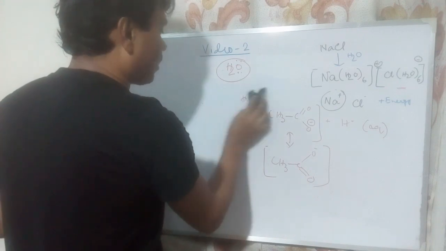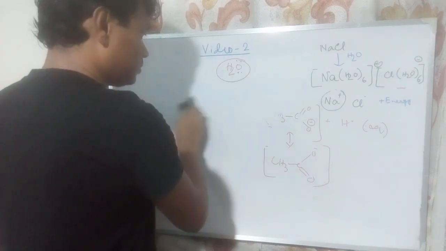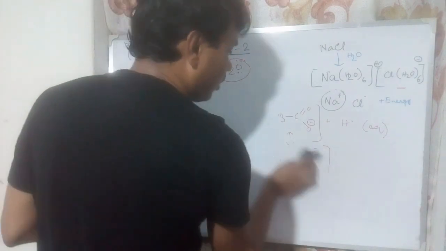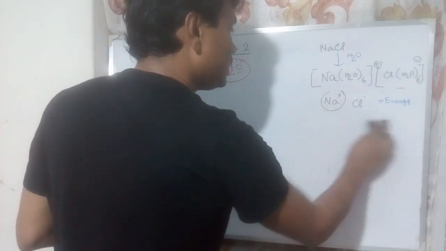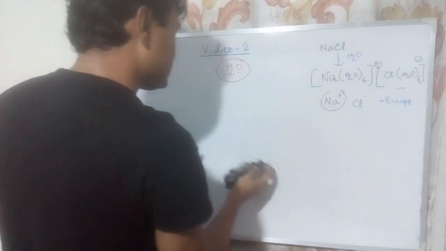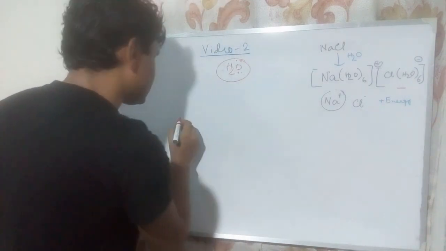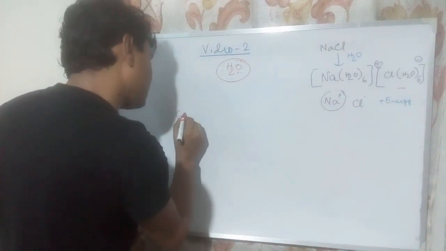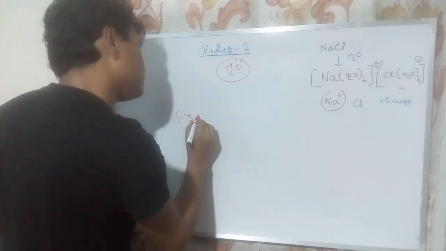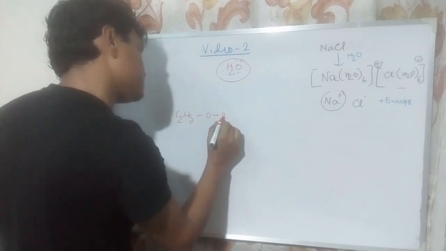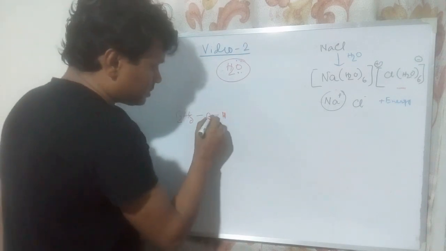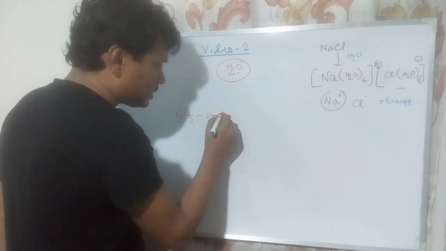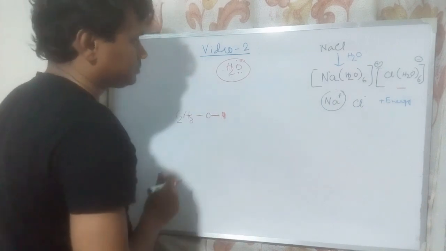So let's talk about alcohol, because we know that alcohol is completely miscible with water. Let's take the example of alcohol and see how it gets stabilized. Let's take ethyl alcohol, C2H5OH. See, like water, the molecule is polar, meaning this bond is polar, and it contains a hydrogen.